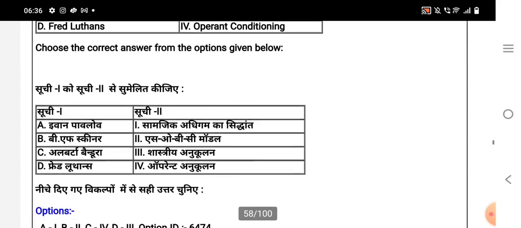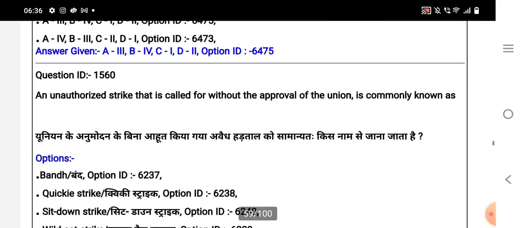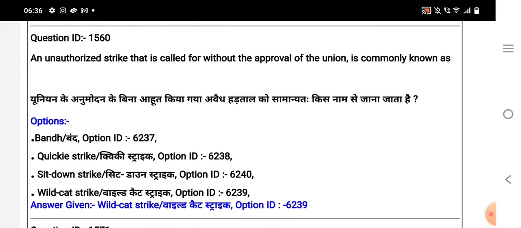सो द नेक्स्ट क्वेश्चन इज unauthorized strikes that is called for without the approval of the union is commonly known as. So आप लोगों को पता होगा कि there are different types of strikes like बंद, quickie, sit down, pen down, tool down.